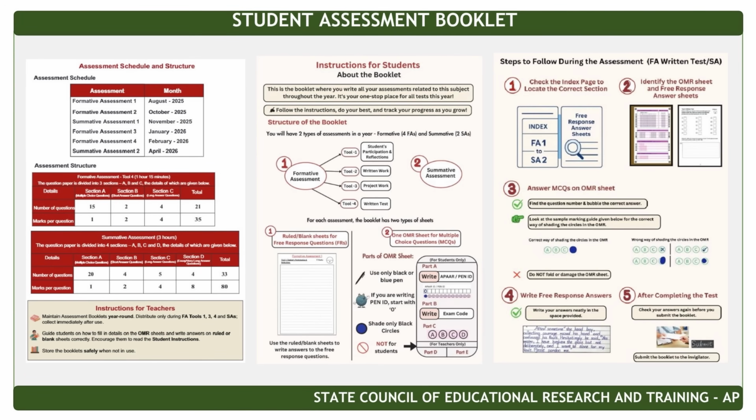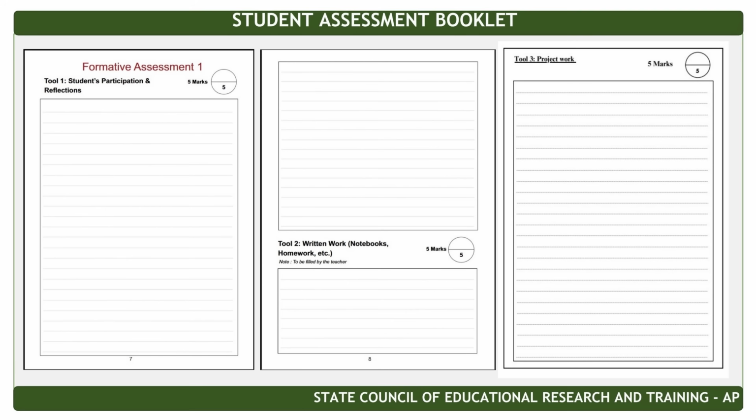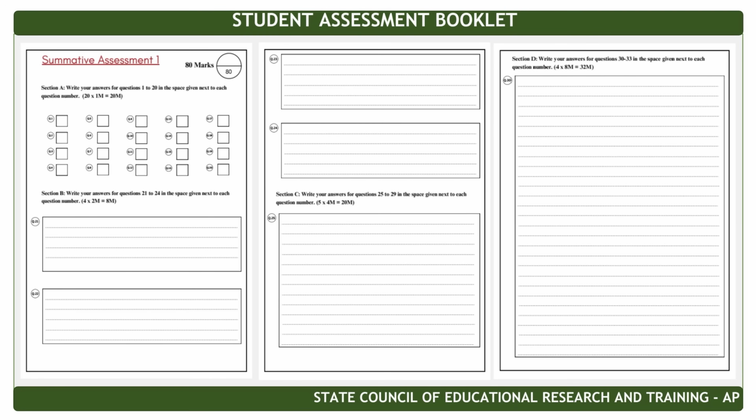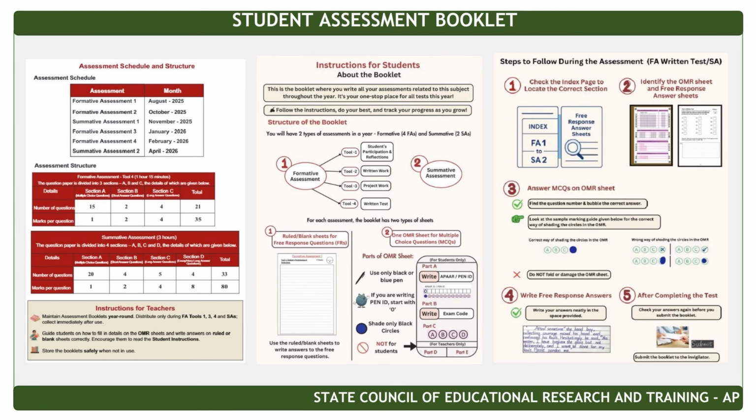And they have to answer MCQs on the OMR sheets and write the free response answers in the pages provided. After completing the test, they have to check their answers once again before they submit the booklet.